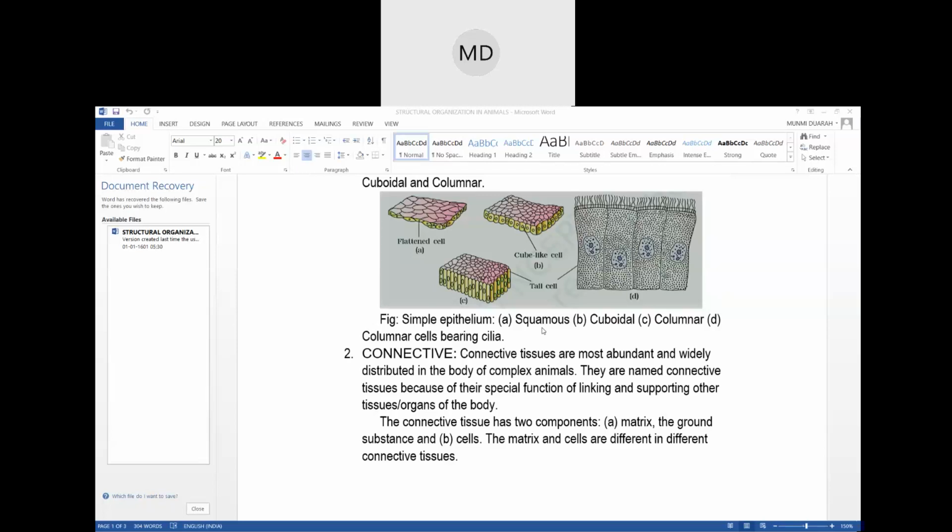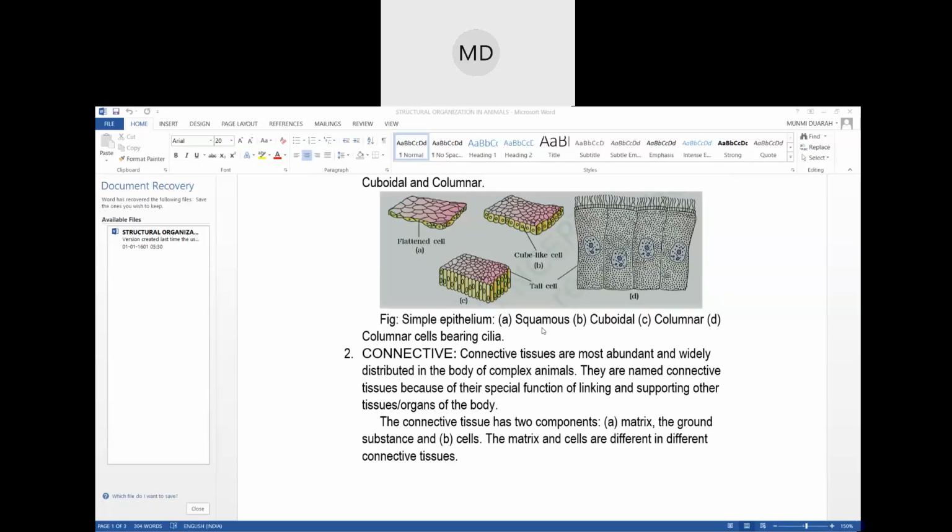Saliva comes out of the salivary gland through the salivary duct, and that duct is nothing but a tube. That tube also has cuboidal epithelium. And in the kidneys also there is cuboidal epithelium.